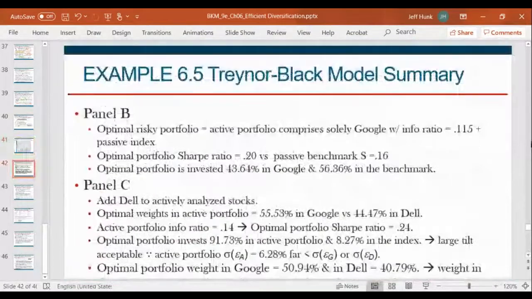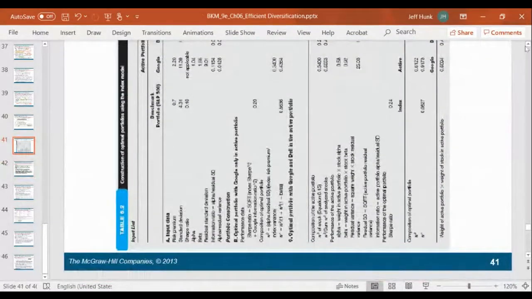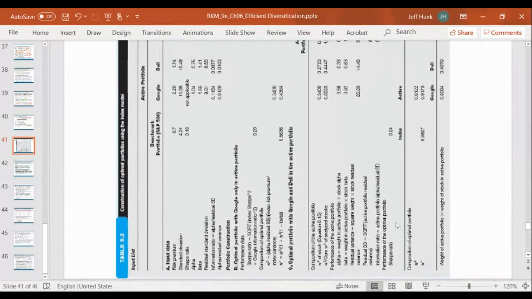Next, we're going to look at Table 6.2, where they have calculated alpha, beta, and residual variance of Google, Dell, the passive market portfolio, and the combination of all of them.